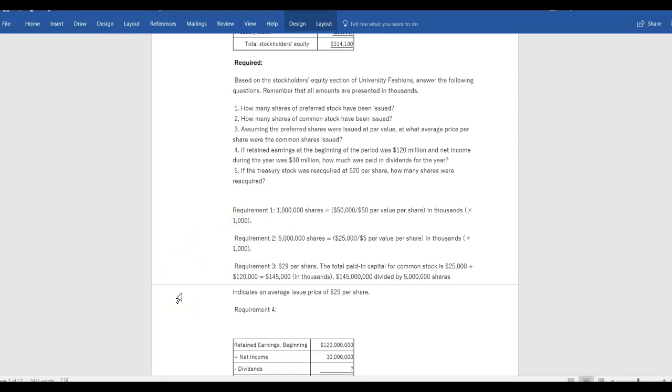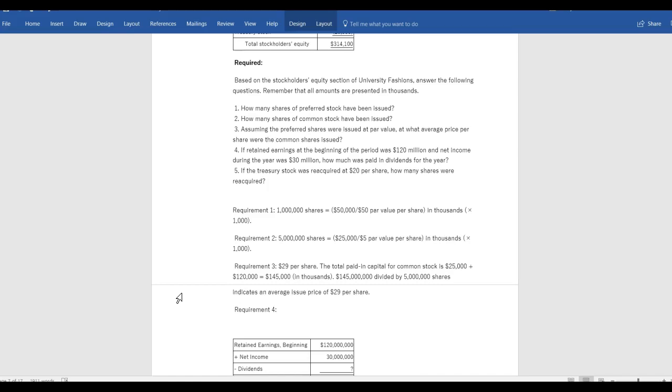Then it says, assuming the preferred shares were issued at par value, at what average price per share were the common stocks issued? What they're telling us is, if the preferred shares were issued at par value, there's nothing additional sitting in additional paid-in capital, because they were all par value.